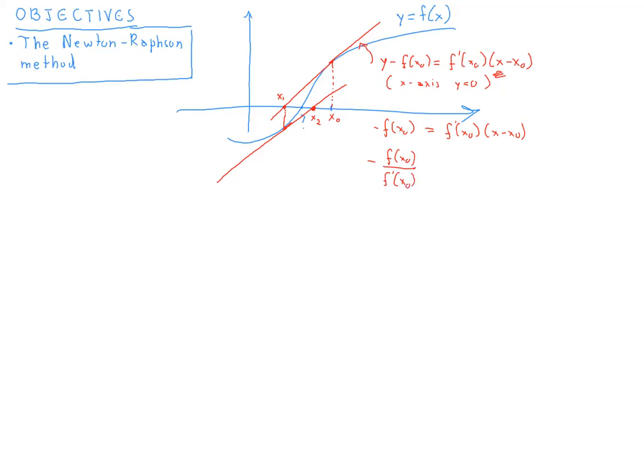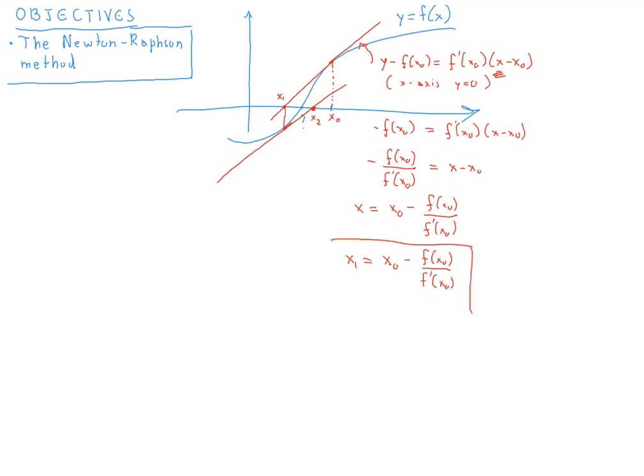Usually we can check that assumption in the vicinity of a root that we're trying to locate. Eventually we get that x is equal to x naught minus f of x naught over f prime at x naught. And this is what we called x1. So x1 is x naught minus f of x naught over f prime of x naught.